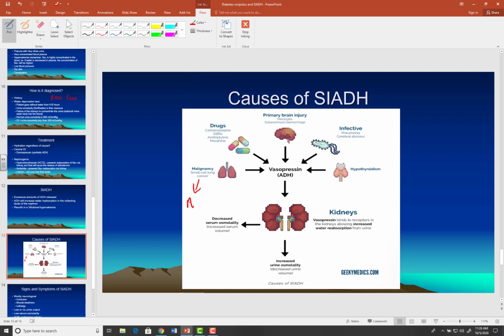They can release ACTH, and people with lung cancer can actually develop Cushing's disease or Cushing's syndrome, and they can release ADH. So you need to look for a primary cause. There's a lot of drugs out there too that can cause that, so you have to be careful. And infections can do that. These bacteria can actually produce ADH.